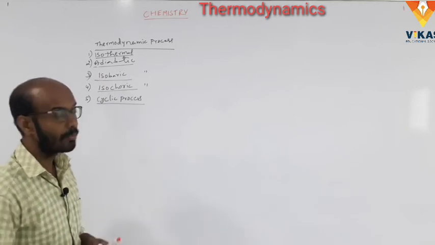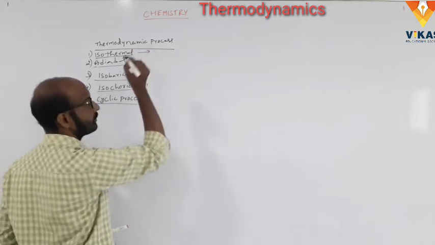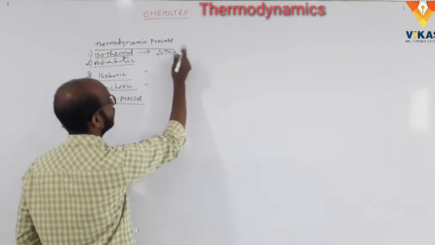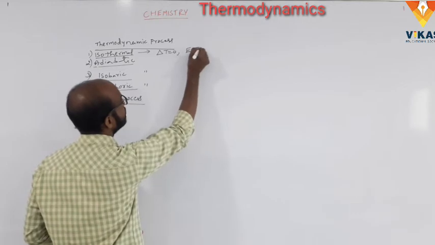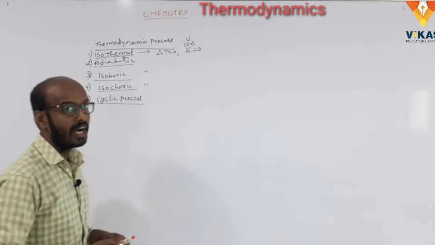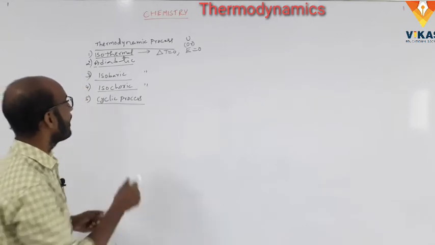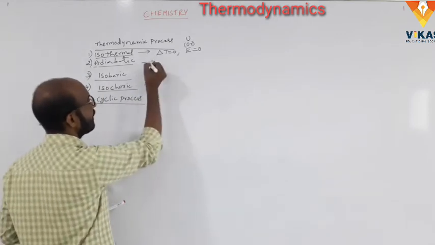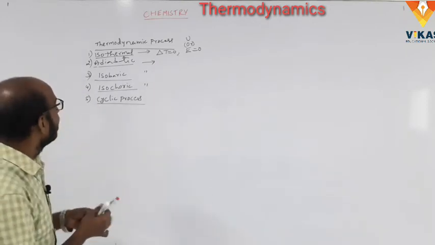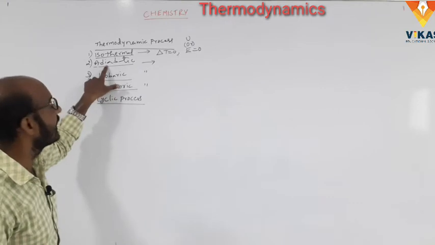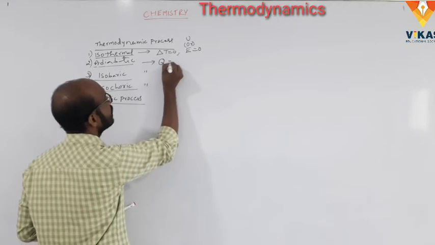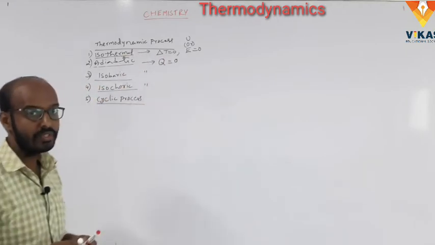In the isothermal process, the temperature is constant, so delta T is equal to 0, and the internal energy change is also 0. In the adiabatic process, Q is constant, meaning heat flow is 0, Q is equal to 0.